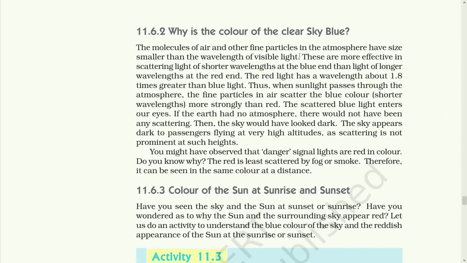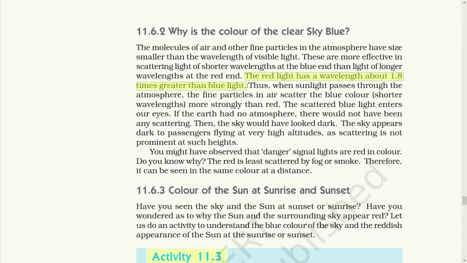Why is the color of the clear sky blue? Molecules of air and other fine particles in the atmosphere have size smaller than the wavelength of visible light. These are more effective in scattering light of shorter wavelength at the blue end than light of longer wavelength at the red end. Red light has a wavelength about 1.8 times greater than that of blue light.